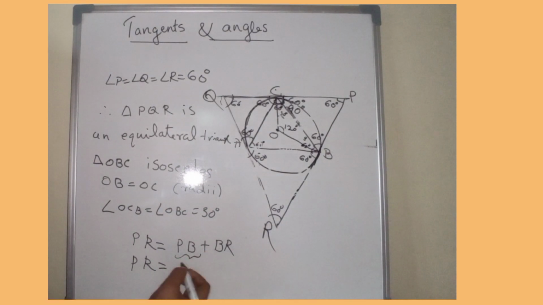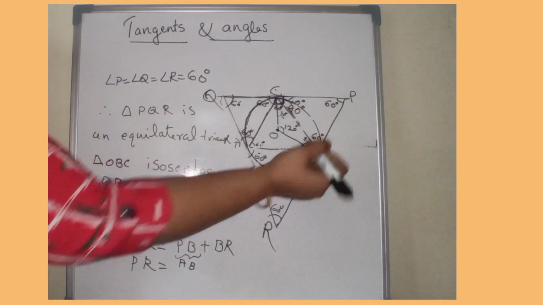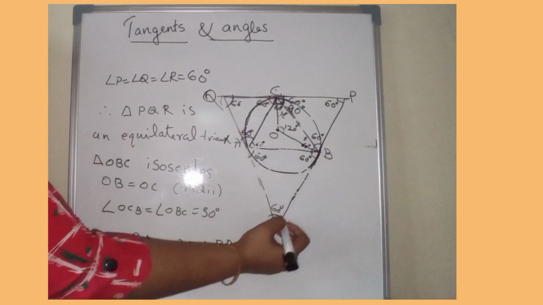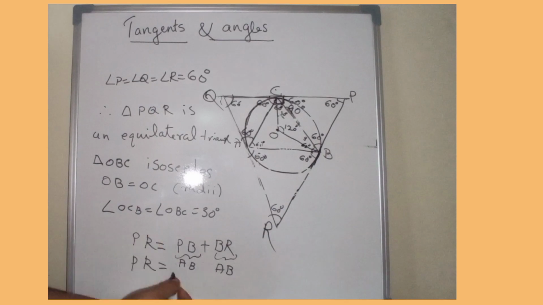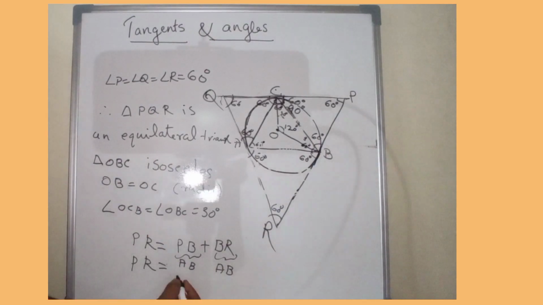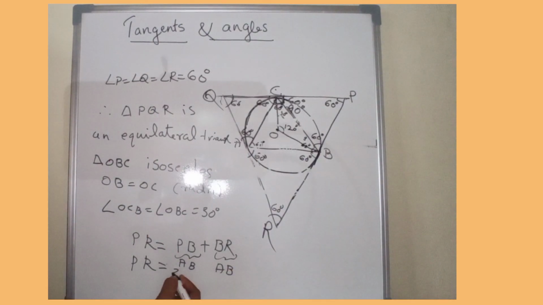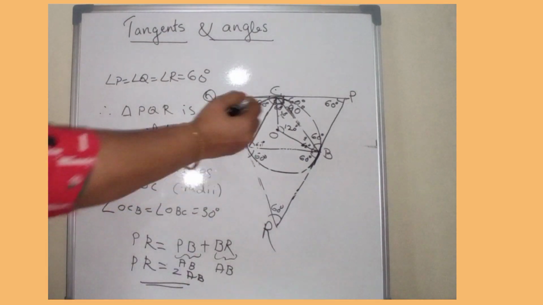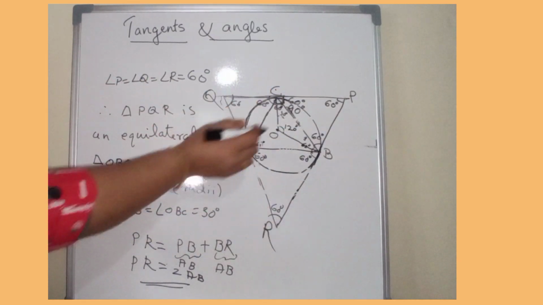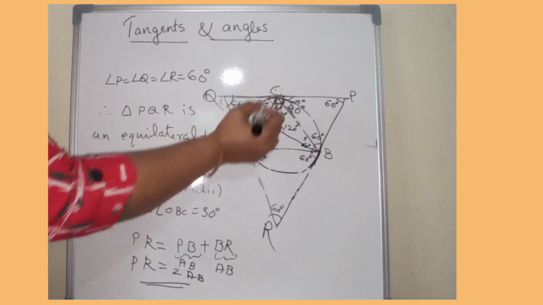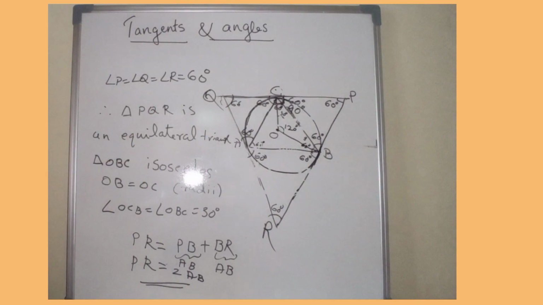Instead of PB, we can write AB, since AB and PB are equal. Similarly, AB and BR are equal. So these two are equal to AB. That is, our PR is equal to AB plus AB, that is equal to 2AB. So the sides of the bigger triangle PQR are double the sides of the triangle ABC.